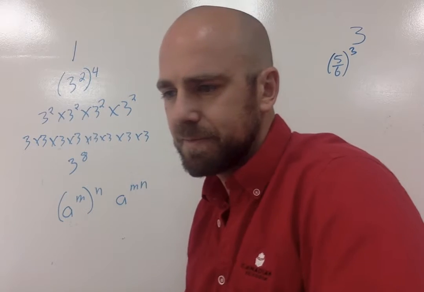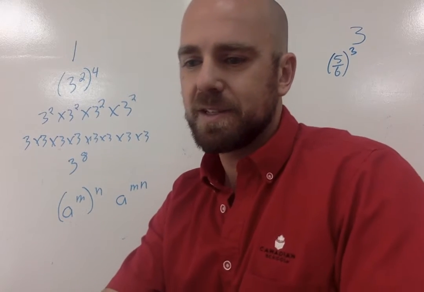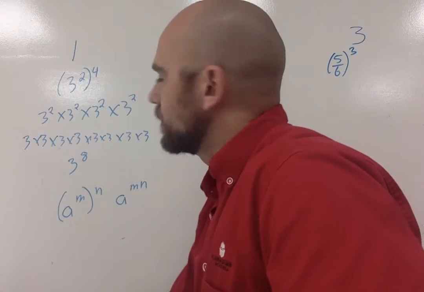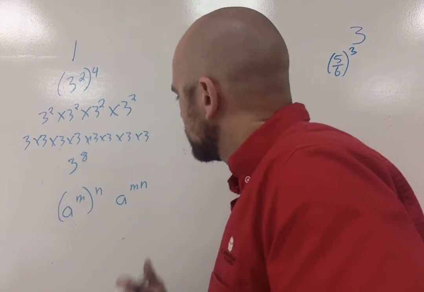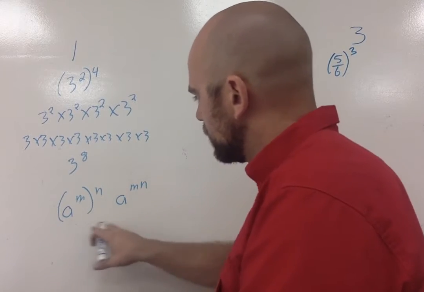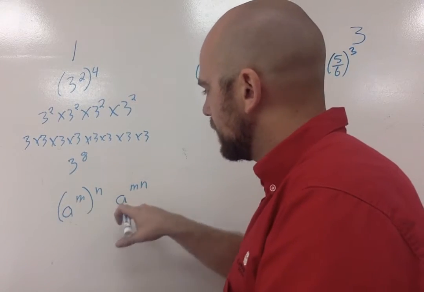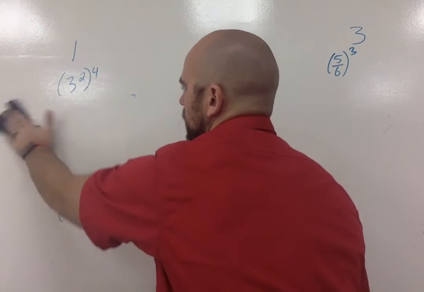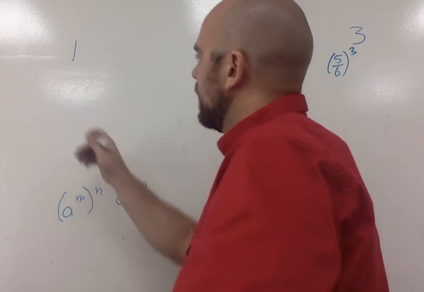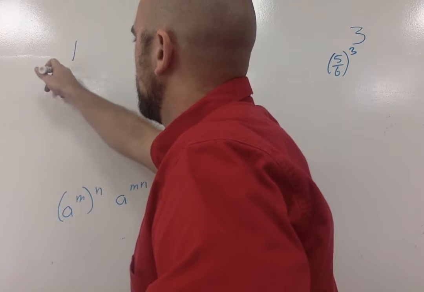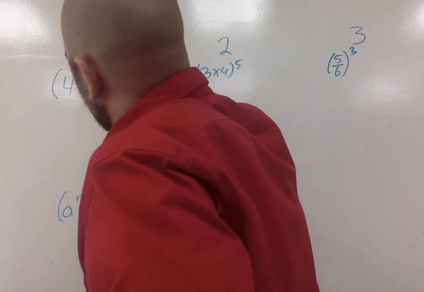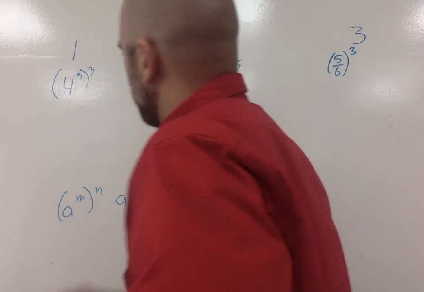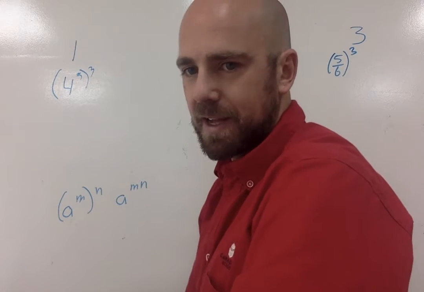I'm hoping that makes sense, as you can see what's going on and how we got to where we got. Given this rule, A with M and N gives us A to the power of M times N. So if I was to give you another quick example, say 4 to the power of 5, all to the power of 3, what would the final answer be there?